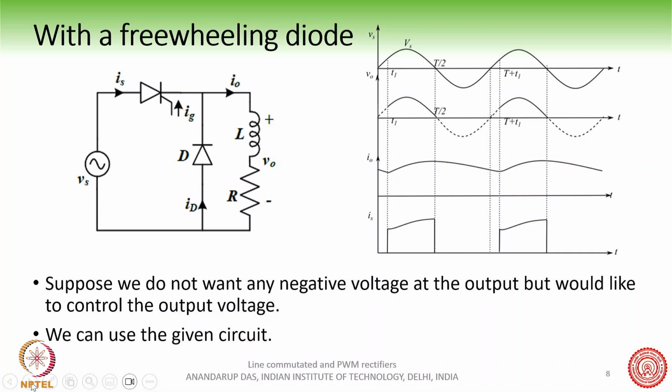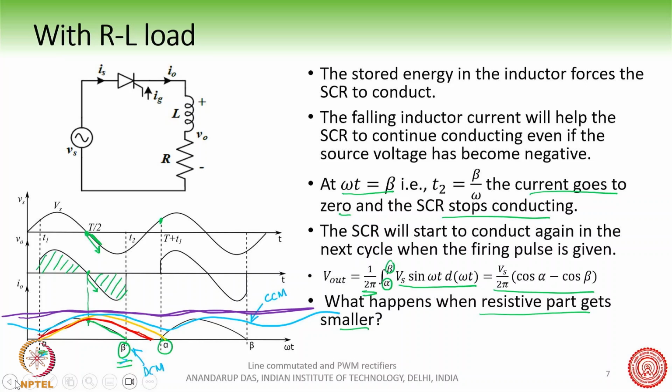One small thing here is that, in this case, you can see you had an output voltage which has both positive and negative parts, which is not good, because in many cases you want the output voltage to be always positive.